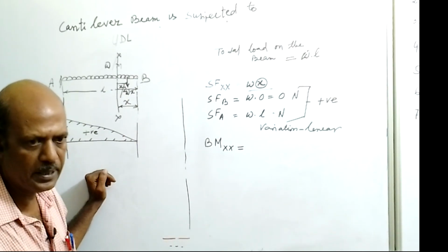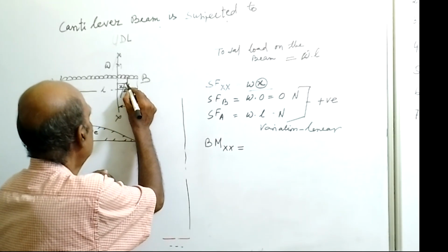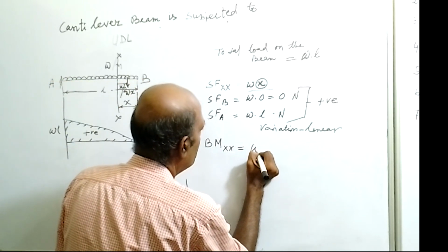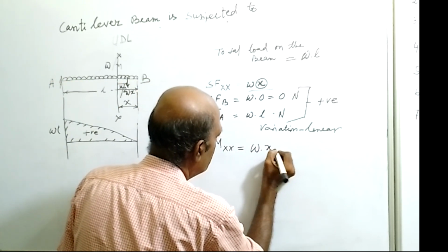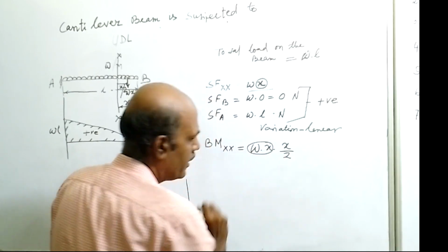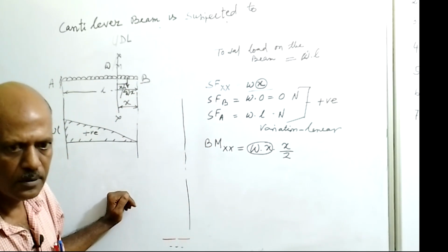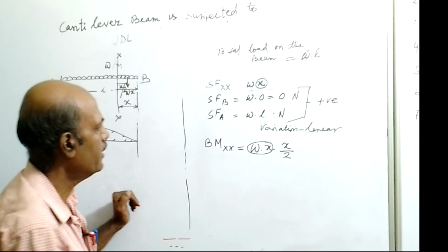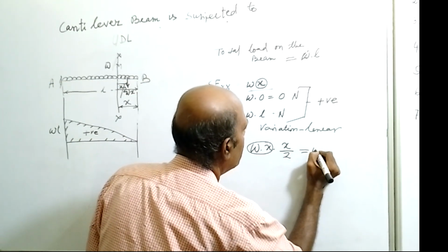Now bending moment at section XX is equal to load into distance, that is w into x by 2. Total load into the distance from the section, so that is wx square by 2.